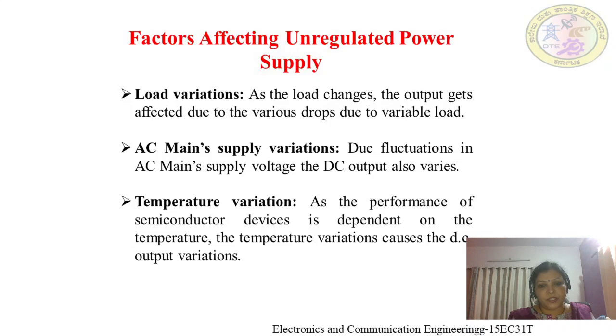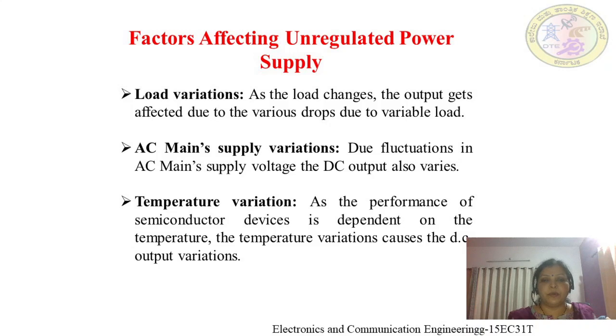When the temperature increases, the performance of the device also varies slightly. This may be one of the major causes of variations in the DC output power delivered to the load.